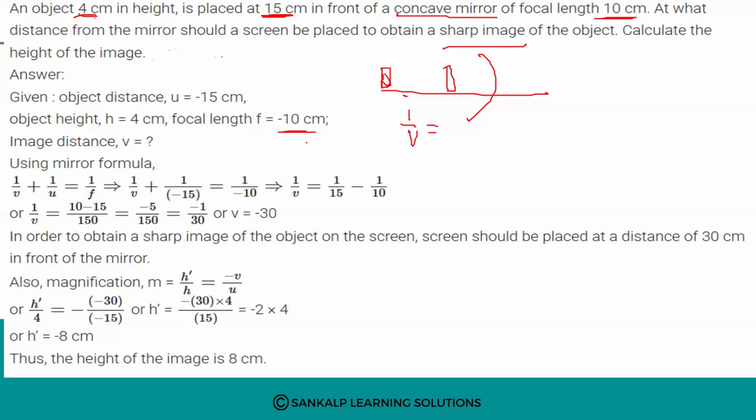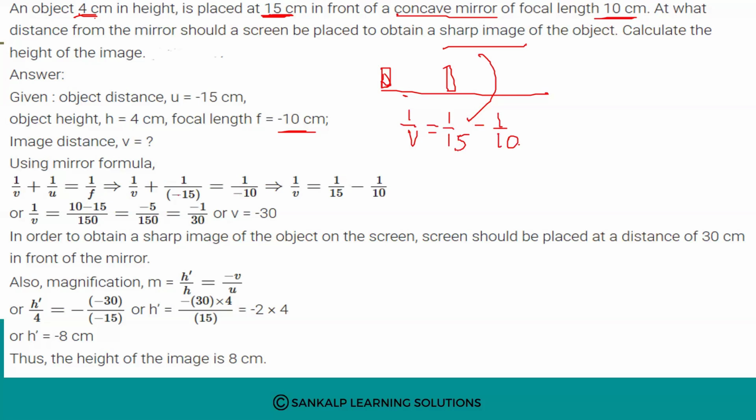Transfer this 1 upon minus 15 to this side. When you transfer this minus 15, plus becomes minus, so it is minus 1 upon minus 15 on this side, then it is plus 1 by 15. So that means 1 by 15 minus 1 by 10.